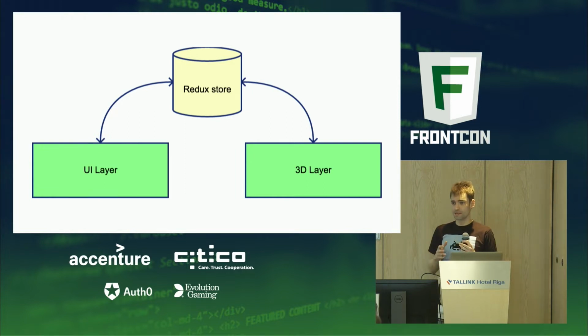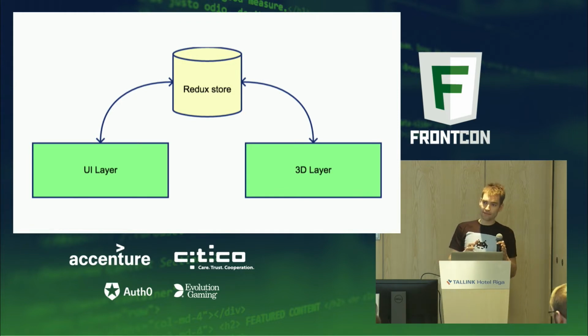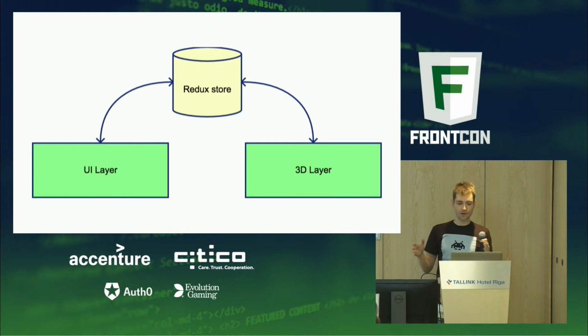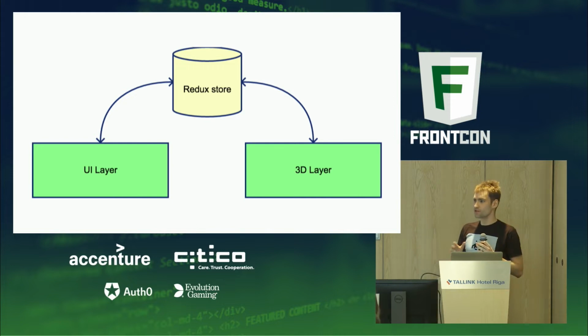So for us, React and BabylonJS components live in separate renderers. We don't have a declarative 3D tree, and it works perfectly. Once we tried to make a declarative 3D tree at Liberty Global, we faced a lot of issues. First of all, the code base bloated because we needed this additional layer.